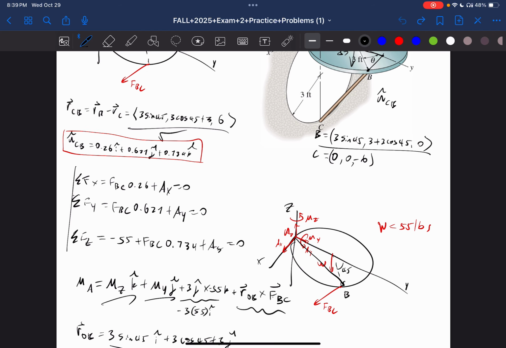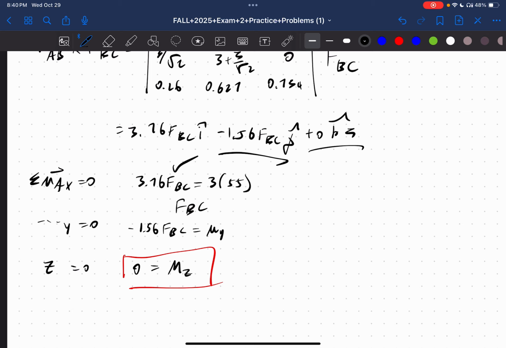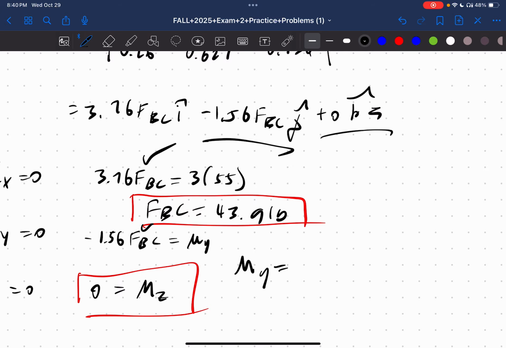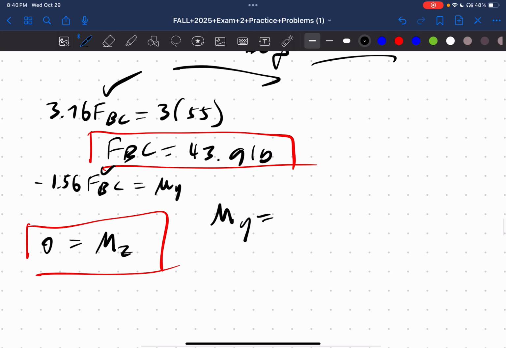So let's see if we can solve for everything. I think we can. So we have F BC is equal to 43.9 pounds. If we have that, we have this, we can solve for M in the y direction, which is going to be 68.5 foot-pounds.